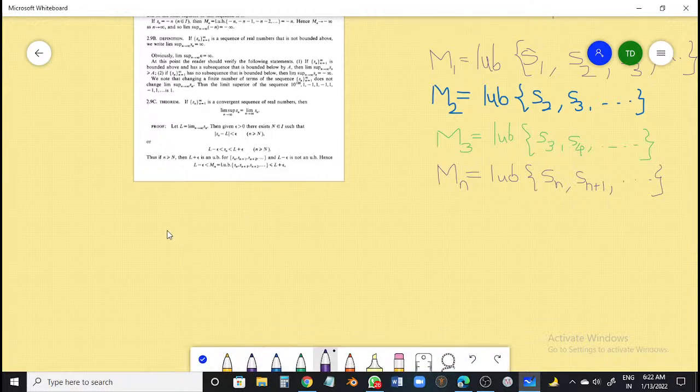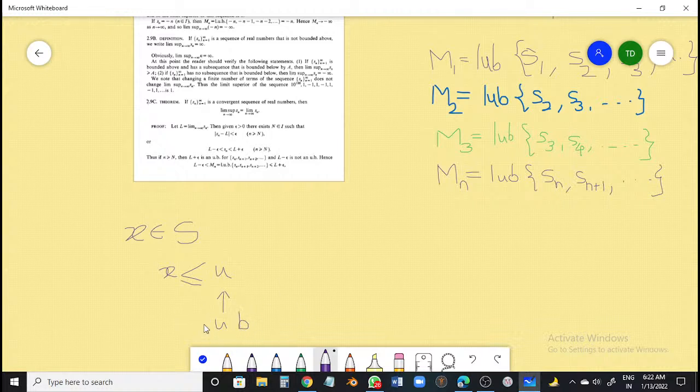See, if you are given any set S, then all the elements X belonging to S, if they are all less than U, some real number U, or at the most equal, equality is allowed, so this U is some fixed real number for which every member of this set is smaller than U, then we call U an upper bound.